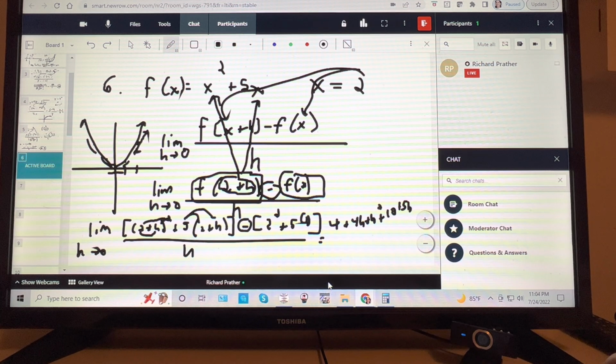So all of that right there was f of 2 plus h. And then 2 squared is 4, so I got a minus 4. And 5 times 2 is 10, so minus 10.